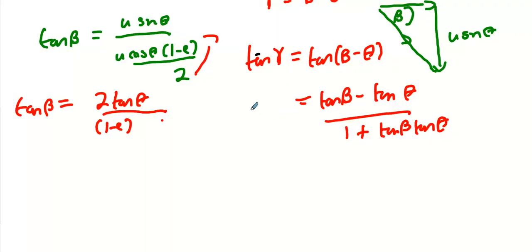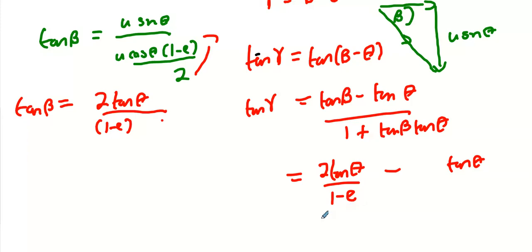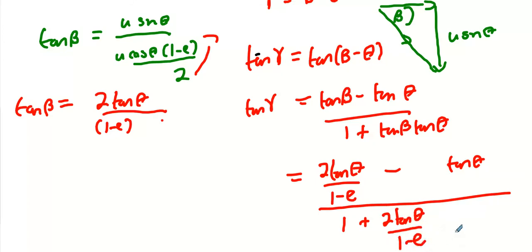So therefore, tan gamma is tan B, which we already have here. It's 2 tan theta over 1 minus e, minus tan theta. And then on the bottom, it's 1 plus tan B, which is once again 2 tan theta over 1 minus e, times another tan theta. And this is all tan gamma.